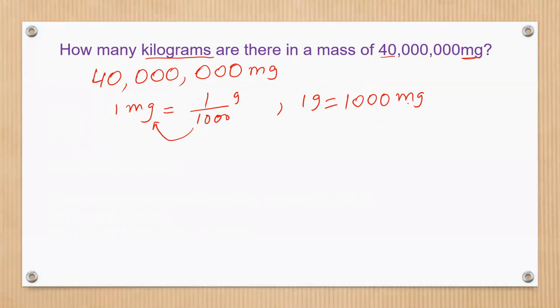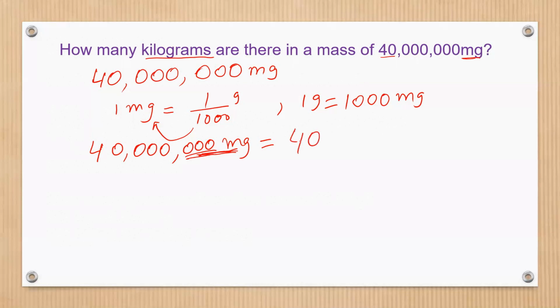So here in this number, instead of writing 3 zeros, I can change this 1,000 milli into gram then, because that's 1,000 milligram equals to 1 gram. So I can change this factor into gram.